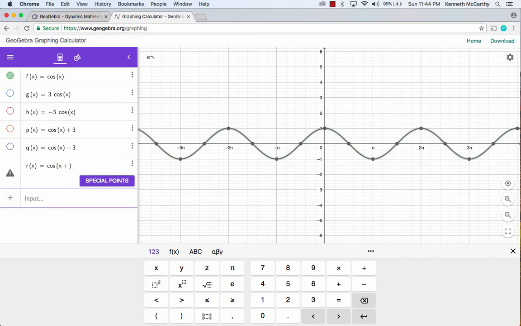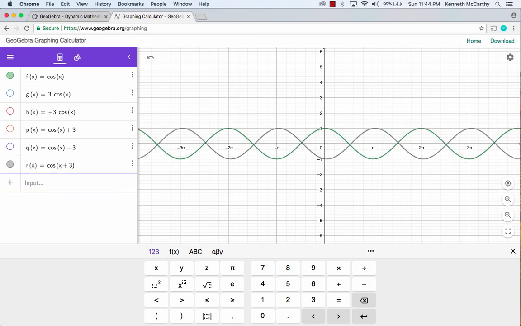Cosine of x plus 3. Alright, so that didn't result in a vertical shift, and that is the most important thing to learn today. What we had instead of a vertical shift was a horizontal shift.